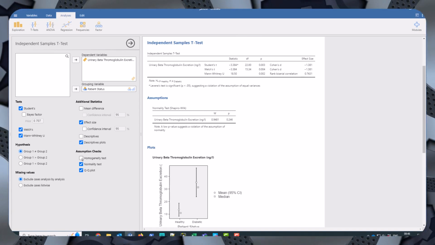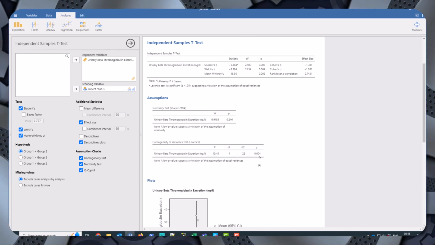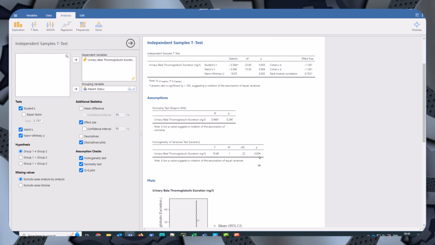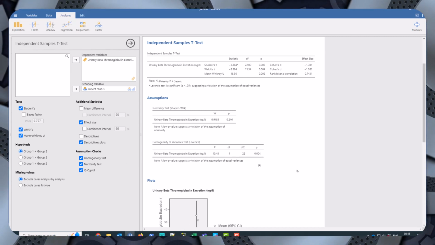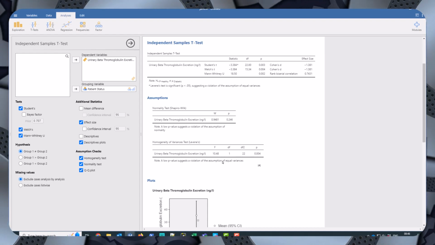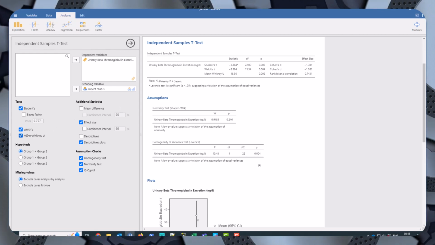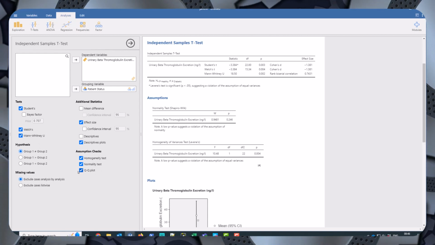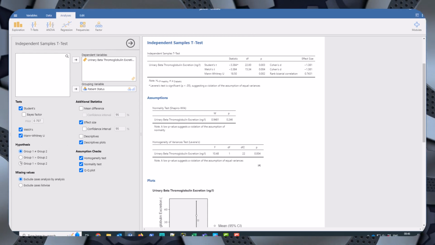I can also check for homogeneity of variance between the two different groups. Is that true? No. So they don't have equal variances in the two groups. That is the probable reason why they went to using the Mann-Whitney U-test. Because if you've got unequal variances, the student's test breaks down.